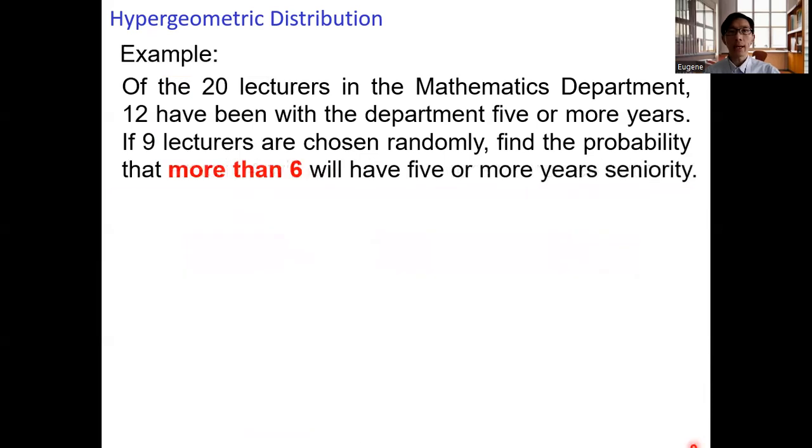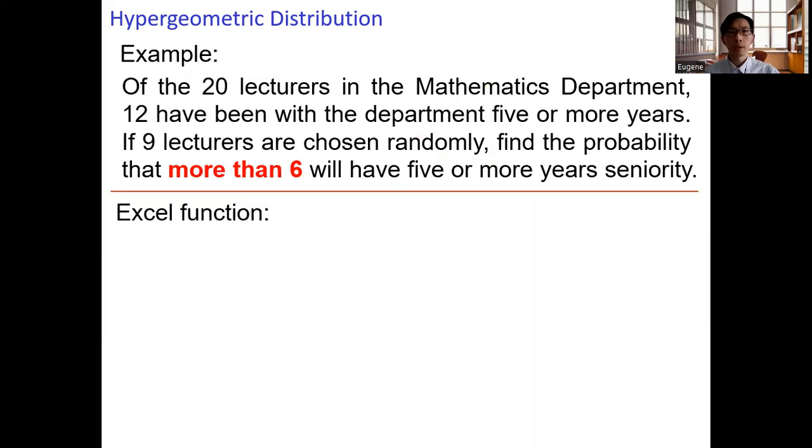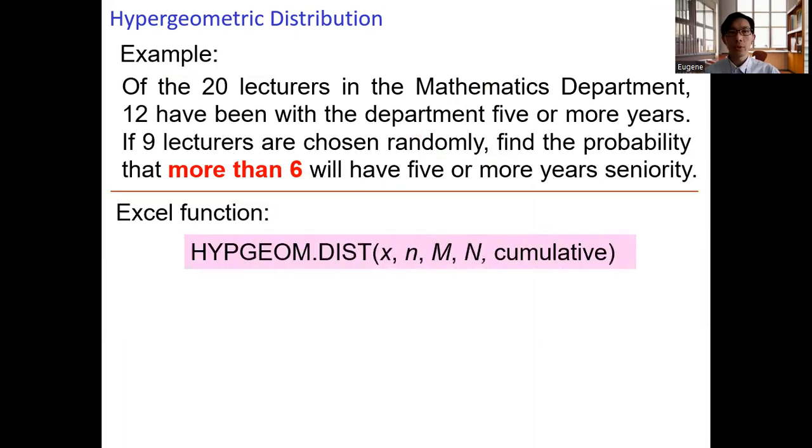Let's move on to another scenario. This time, we want to find the probability that more than 6 will have 5 or more years seniority. Using the Excel function, plug in the parameters.